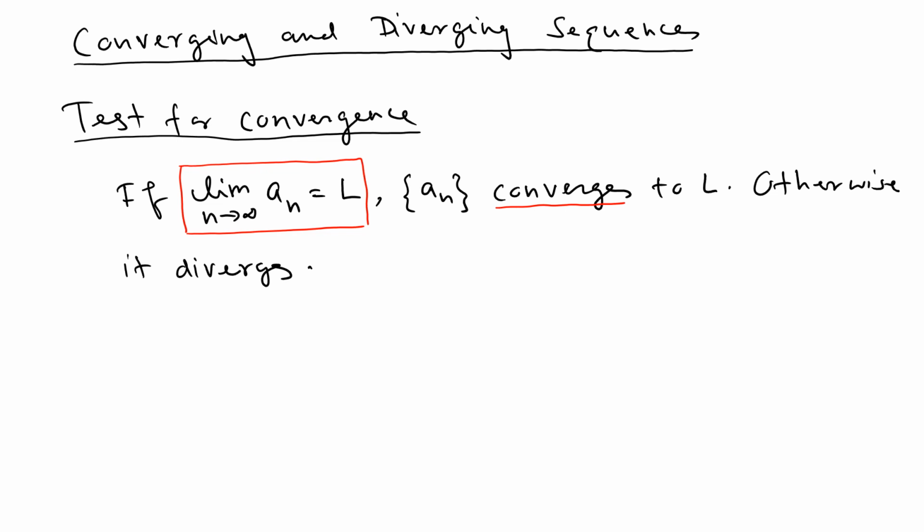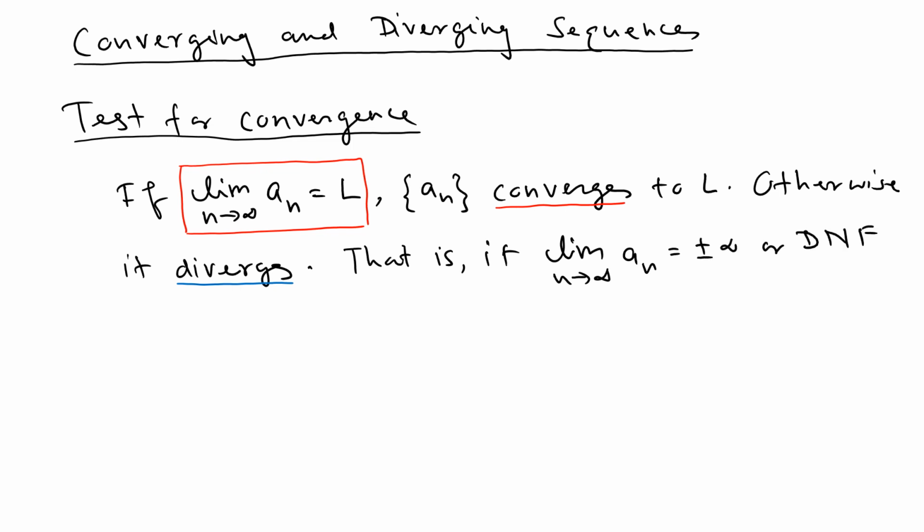So if the limit as n goes to infinity of a_n equals either plus or minus infinity or does not exist, the sequence diverges.